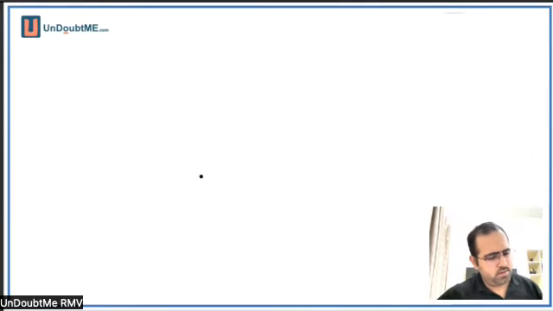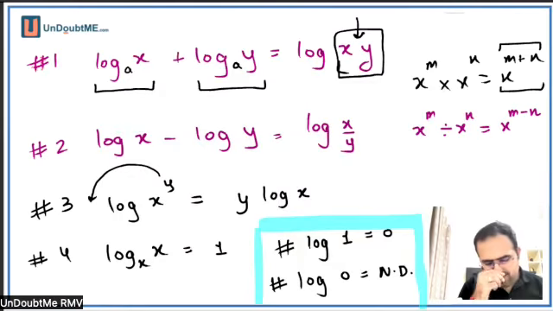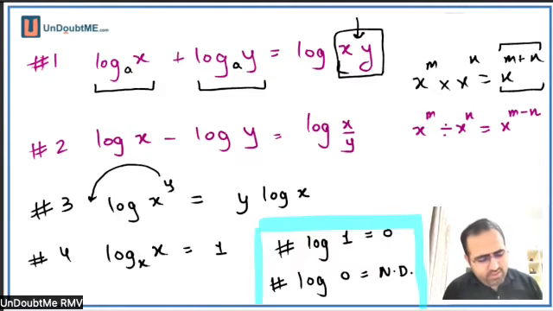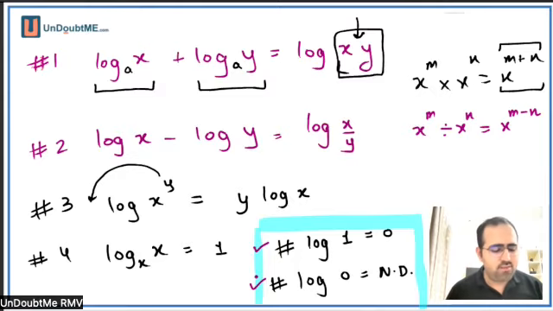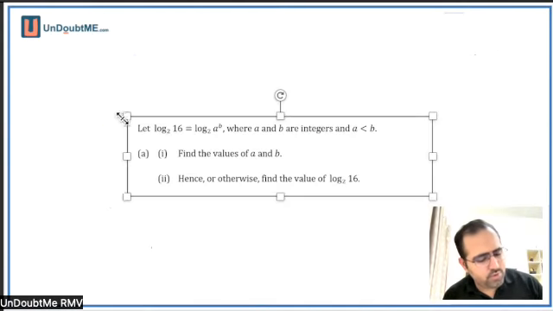Did we do 6? Look, if we count the numbers on this slide, then it will be 6. But these two are not properties. These are just general results which can be understood with the help of the graph only. Like in some books you will find them also as properties. One of the properties is still left, which is known as the base change property. That we will do after 1 or 2 questions.